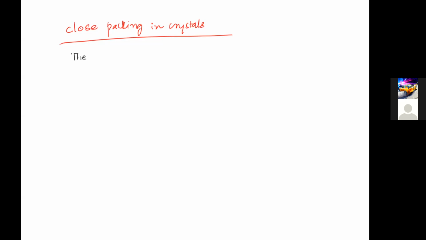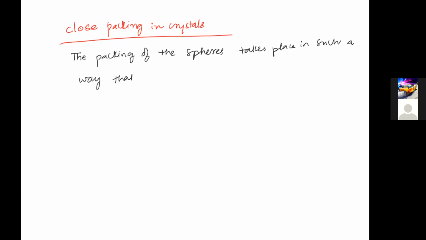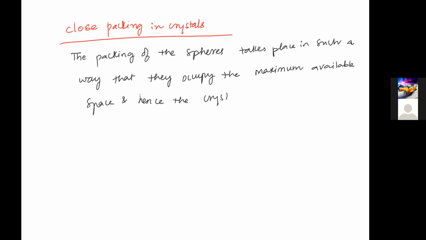So how does the packing happen in this? The packing of the spheres takes place in such a way that they occupy the maximum available space, and hence the crystal has maximum density.